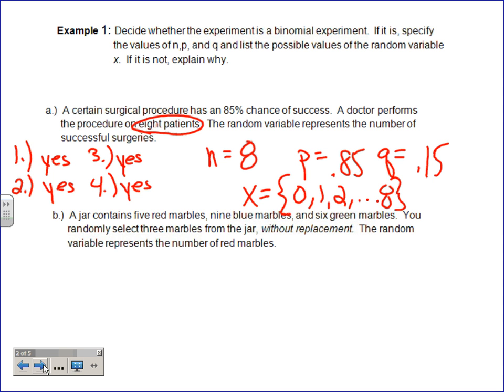This is just listing all the possibilities. This is what the answer could be. It could be 0, it could be 1, it could be 2, 3, 4, 5, 6, 7, 8. Number of successes. But you can't have 9. Is it probable that he'll have all 8? I'm just asking, is it possible is really what I'm asking here. Is it possible all 8? Yes.